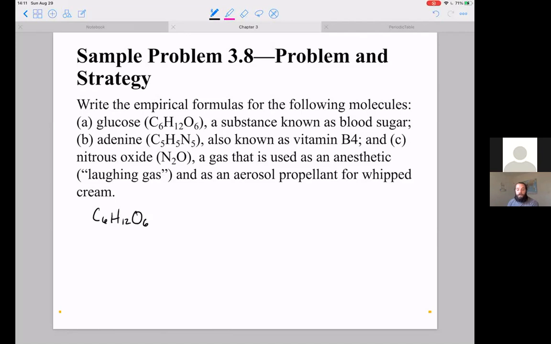We're going to find a common divisor for each one of these, the biggest number that we can divide each one of these by. In this case, that would be 6. So the empirical formula would be CH2O.